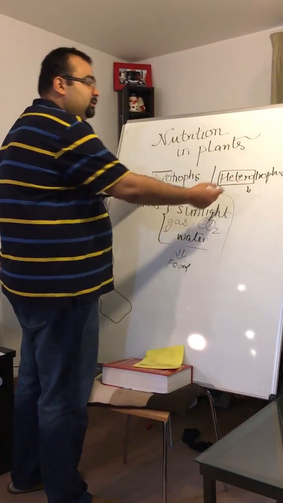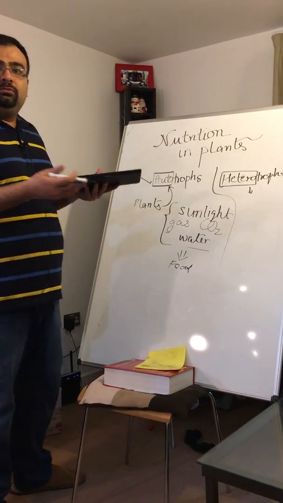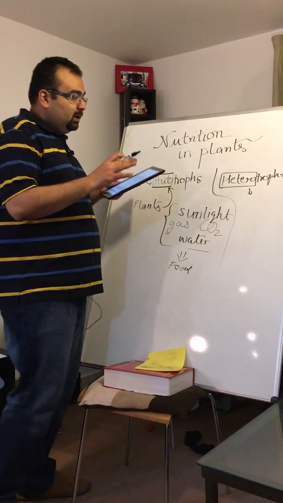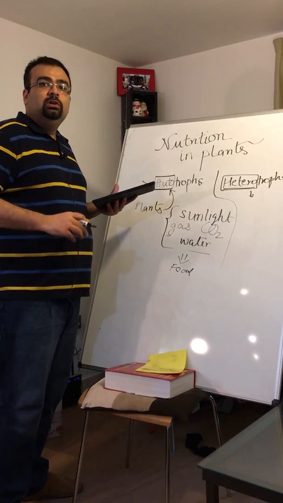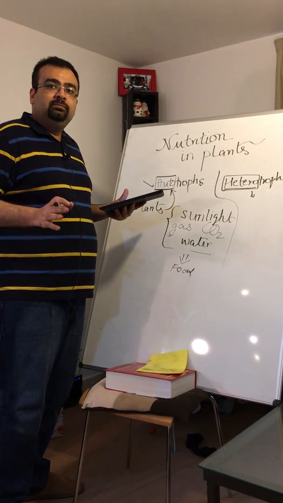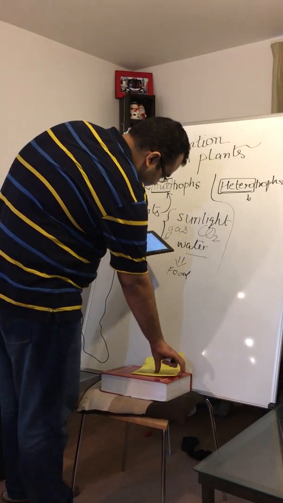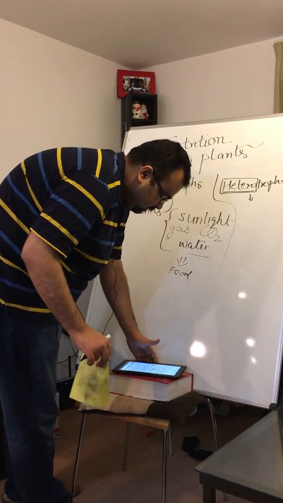Now these heterotrophs can either use plant products, animal products, or both of them. But the bottom line is, hetero is not going to produce its own food, it's going to take food from somewhere else.